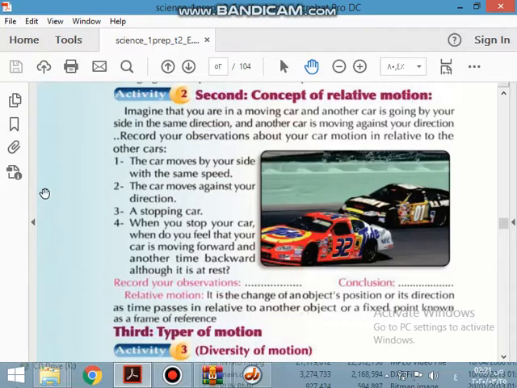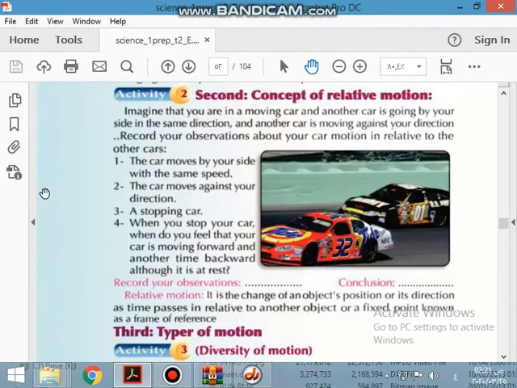If the two cars move with the same speed, you will imagine that the two cars stop moving.